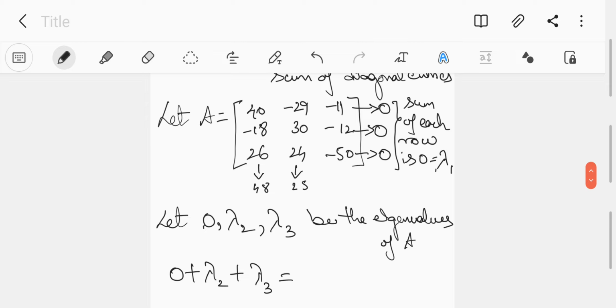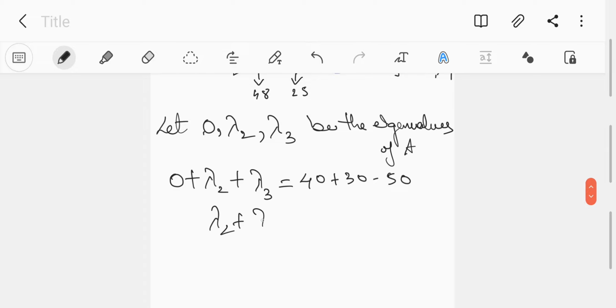Trace is the sum of the diagonal entries. So this is 40 plus 30 minus 50. So lambda 2 plus lambda 3 is equal to 40 plus 30, 70, minus 50 is 20. So therefore, lambda 3 is equal to 20 minus lambda 2.